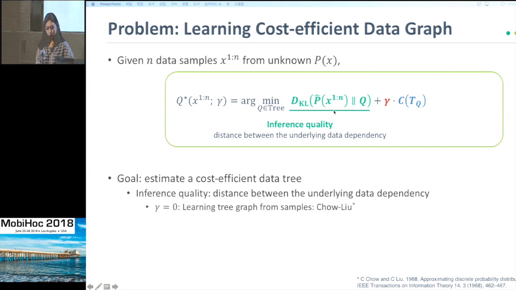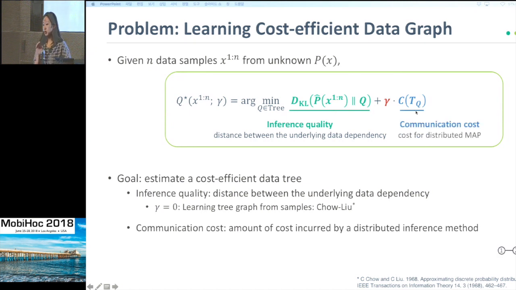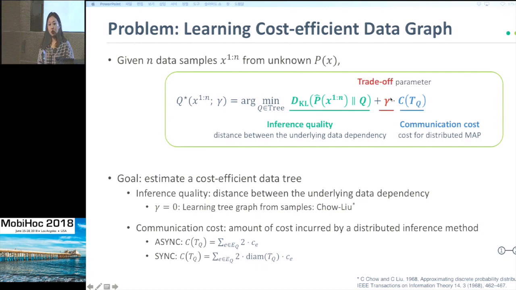The second one is the communication cost, which depends on the distributed inference methods. We test the two different distributed methods. Gamma is a trade-off parameter, and in the case of zero parameter value, it is just the structural learning problem, which is well known in machine learning.